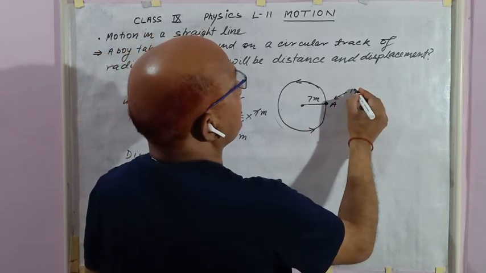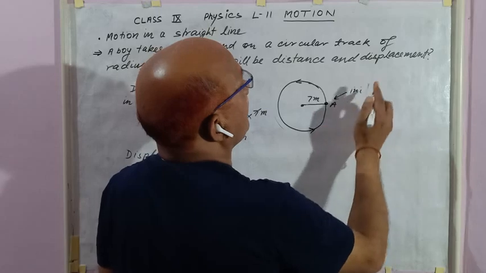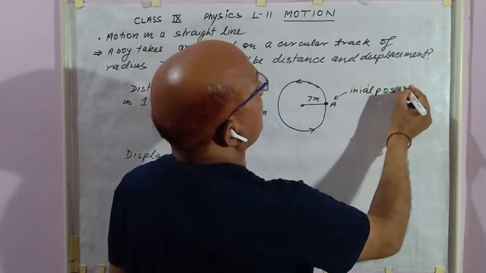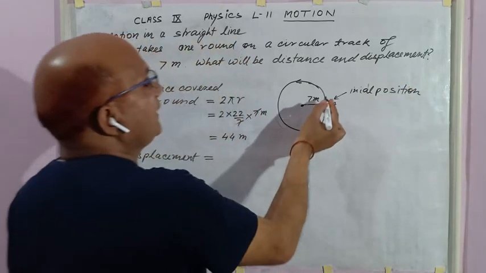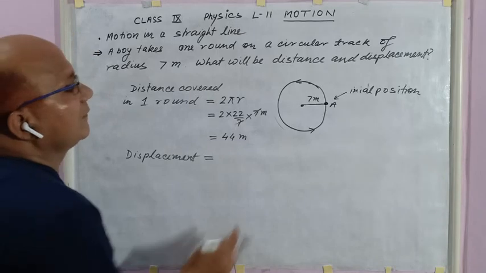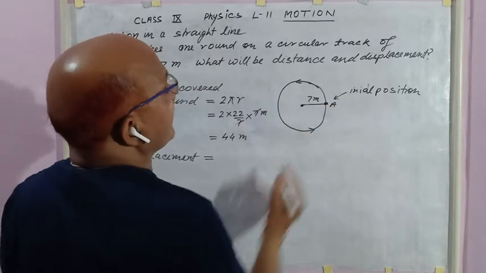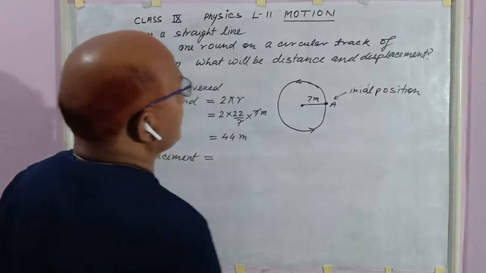A is initial position and when he takes one round he comes to the same point A, so that will be the final position.